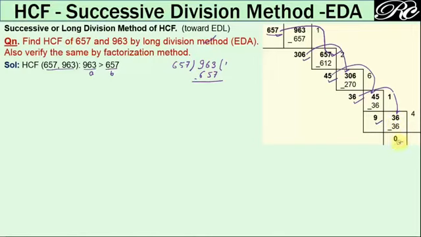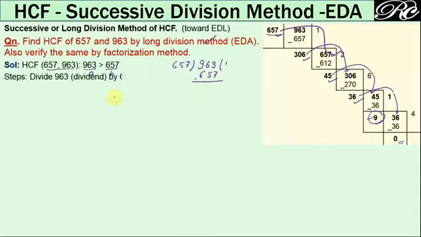So when the new remainder is 0, at this time the divisor is 9. Therefore this 9 will act as the HCF of the two numbers 963 and 657. So whatever the divisor of the last step, when the remainder becomes 0, is acting as HCF in the successive division method.